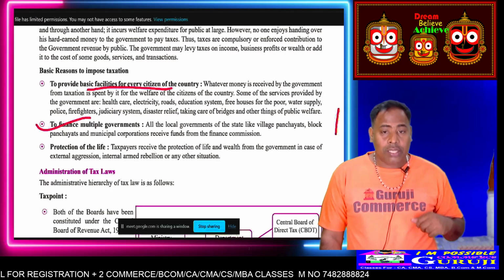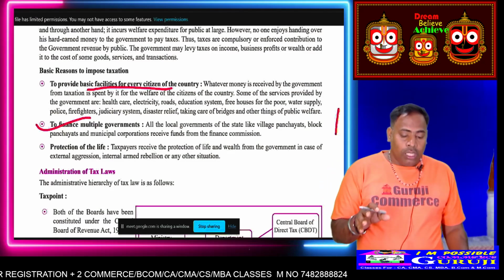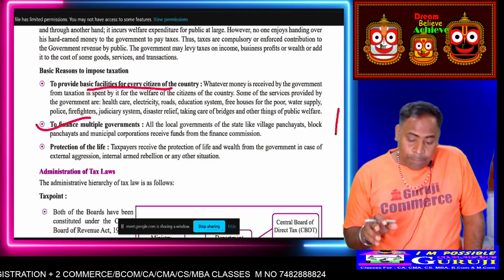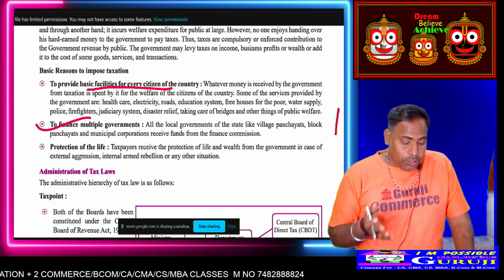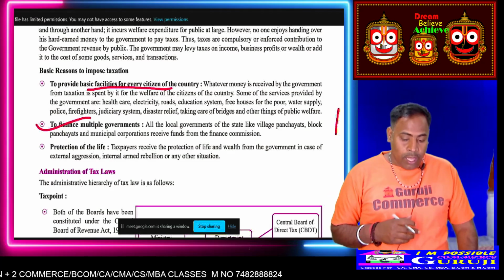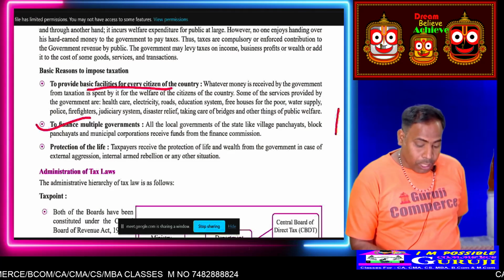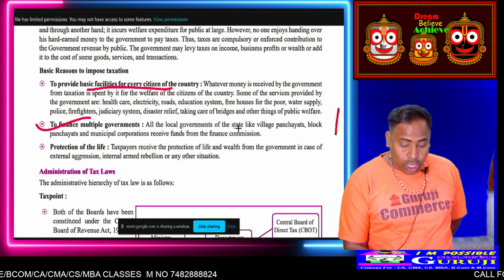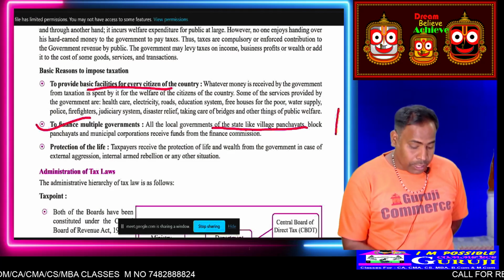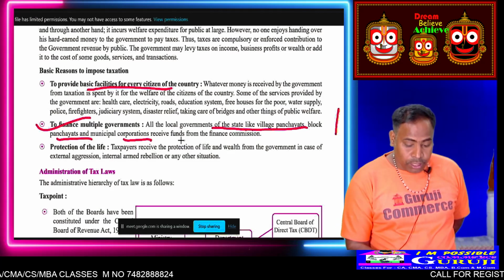Or that money can also be given to bodies like the village panchayat, or you can say the municipal corporation, through the finance commission. So there are multiple governments, meaning all local governments like village panchayat, block or municipal corporation, which receive funds from the finance commission.